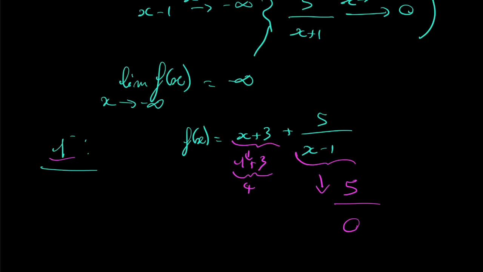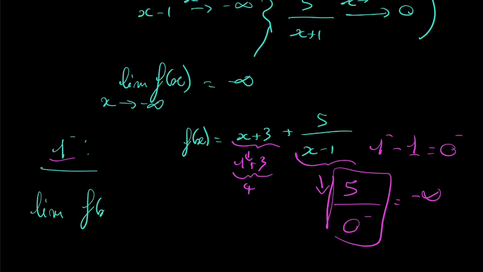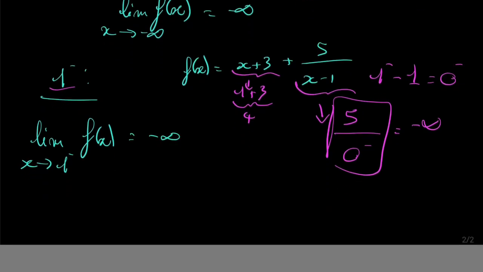As we are just before 1, we've got 1 minus minus 1. So just before 1, a thing a little bit smaller than 1, we will have something that will be negative. So 0 minus, just before 0. And this thing is equal to minus infinity. 5 over 0: in the limit way of thinking, of course, we cannot divide by 0, but in the limit way of thinking, this will be equal to minus infinity. And so the limit of f of x when x tends to 1 minus is equal to minus infinity.